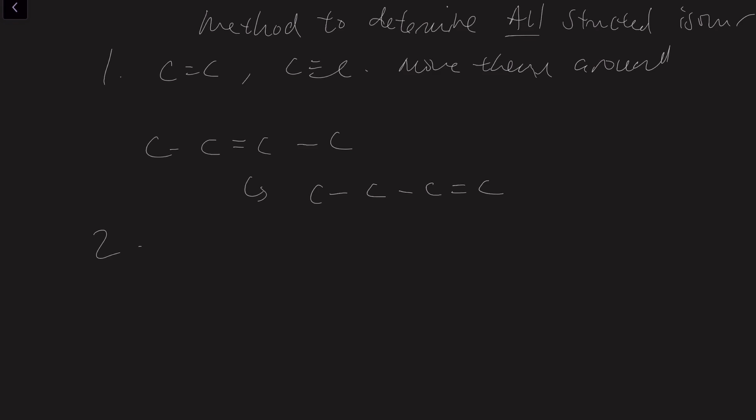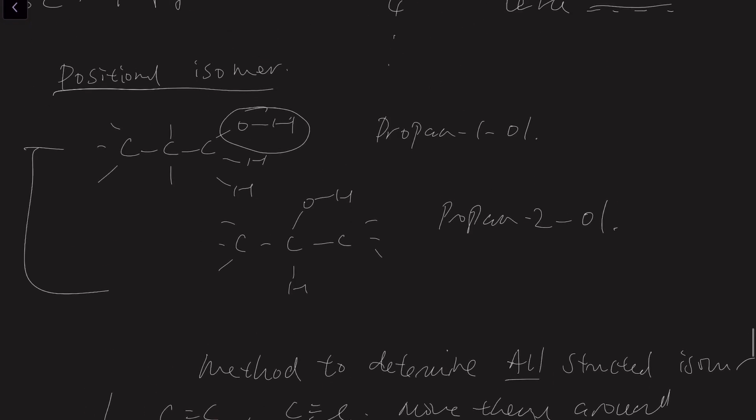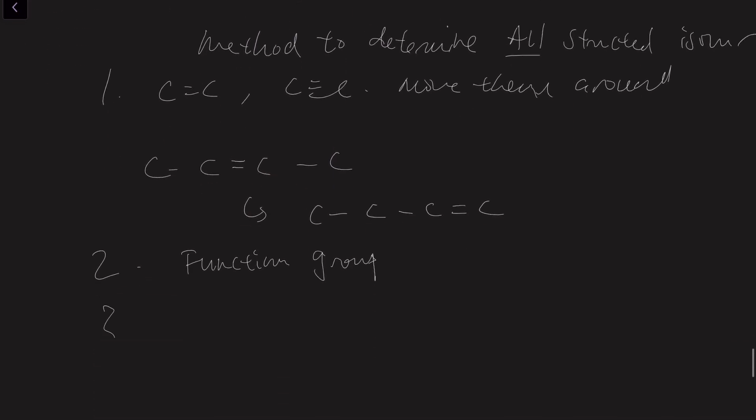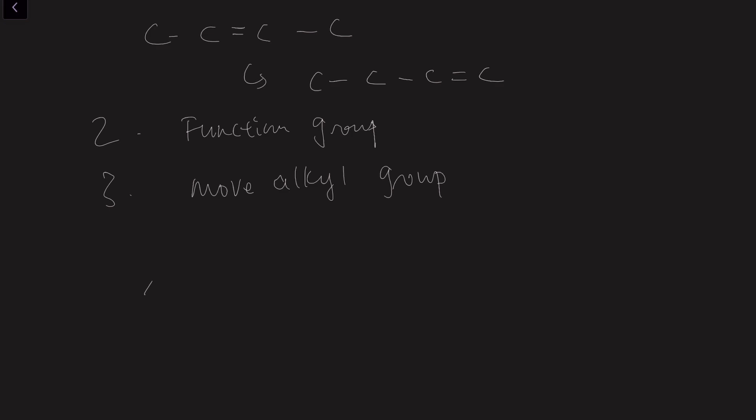The second way is to move around the functional group. So as in this example, you move the functional group around. You also can move the alkyl group. So maybe if you have something like this, you can move it to here.